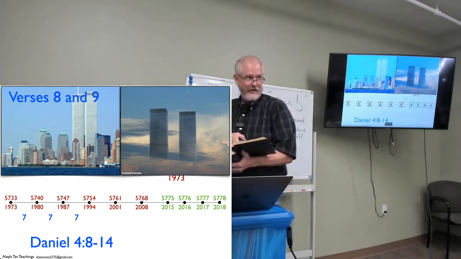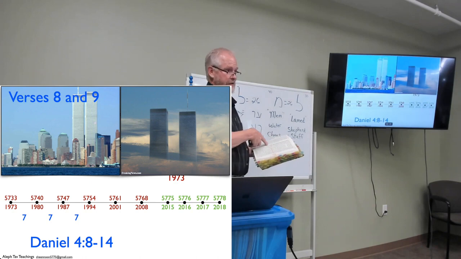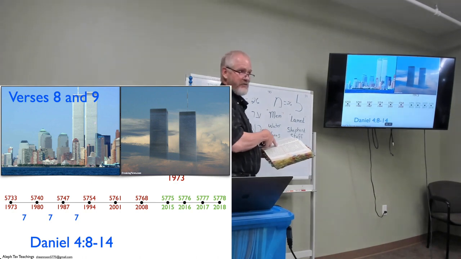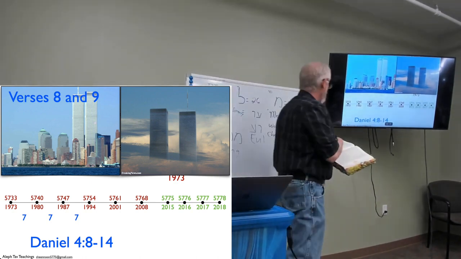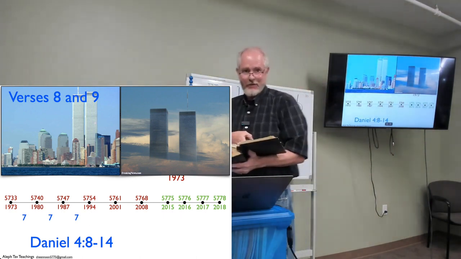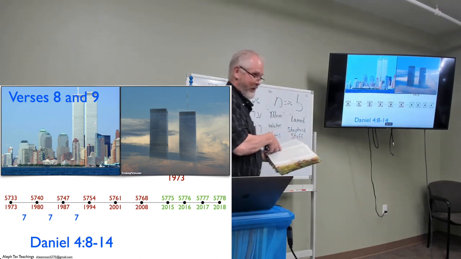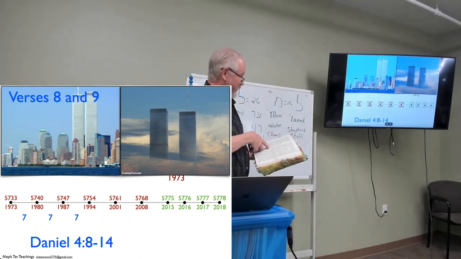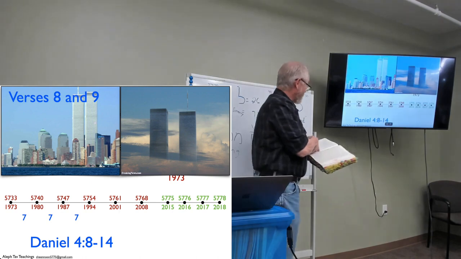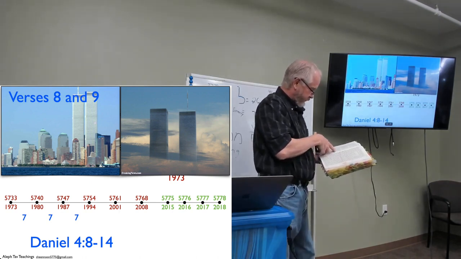Every nation in this world was represented in those trade buildings. All trade that fed the entire world went through those financial buildings. So picture this because something's happening in the spiritual at the same time. They went up on 1973.